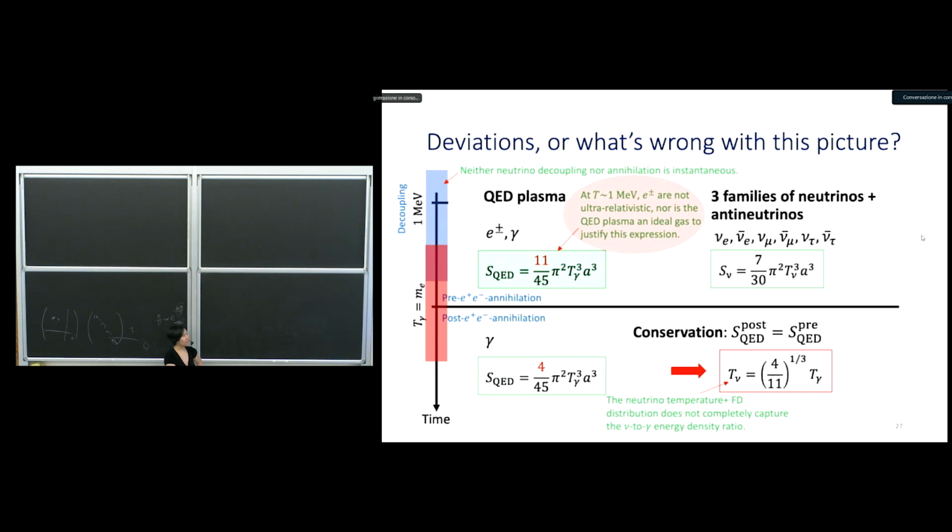And the implicit assumption here is that the electron and the positrons are actually massive. Okay. And also, we had to assume that this is massless. Okay. And we also assumed that the QED plasma was an ideal gas. Okay. That there are 2 assumptions: massless neutrinos and an ideal gas. But both of these assumptions can become bad if I'm interested in percent level corrections to the QED plasma.